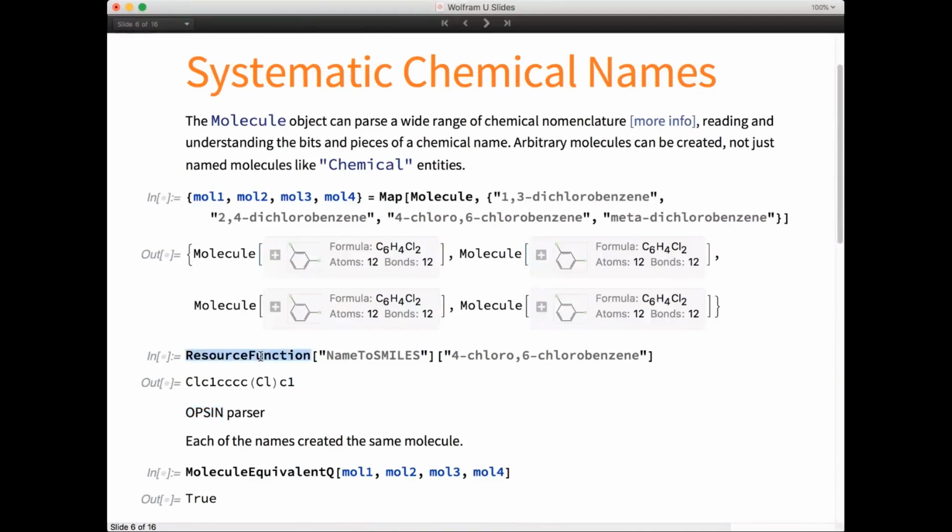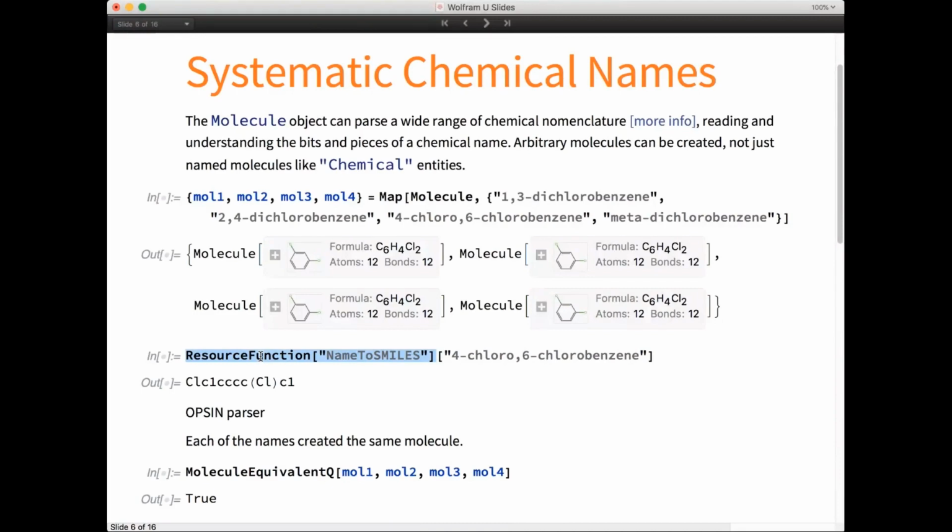The actual function that will convert any chemical name into a SMILES string is available as a resource function. I believe you should be familiar with the Wolfram Function Repository. It's a place where functions that are not in the system context can go, and where people who are just Wolfram Language users can submit functions.